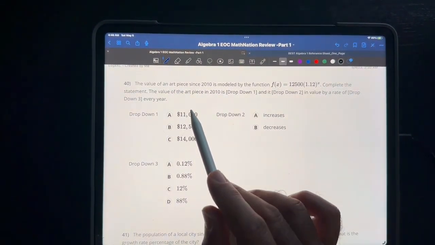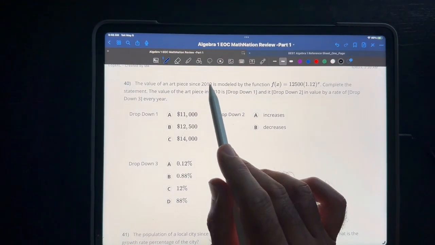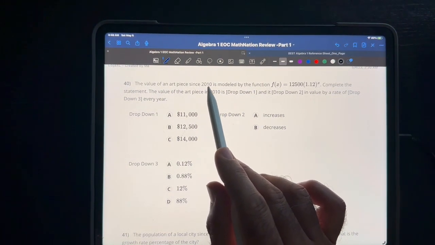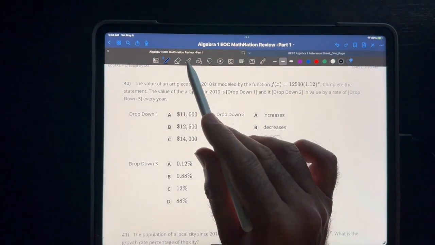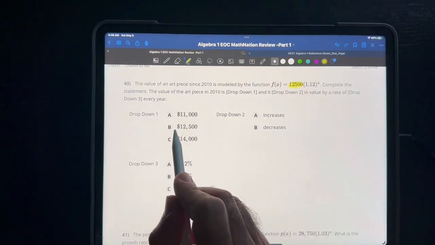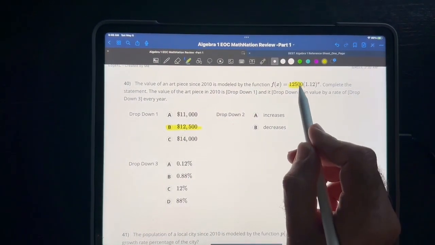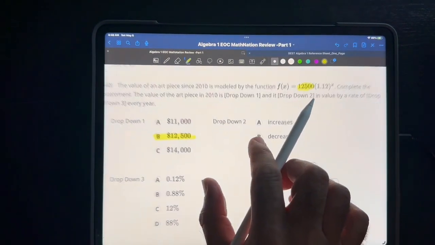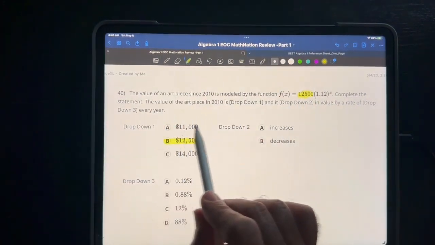So what is the value of the art piece in the beginning? Because that's where we start in 2010. So the value is going to be this number. The initial value is this here. Okay? So that front number is your initial value, right? So that's the price of the art piece in 2010. All right, so that's easy.